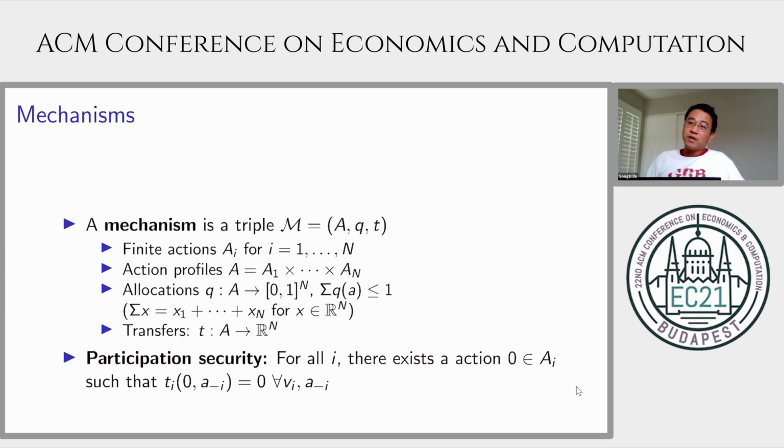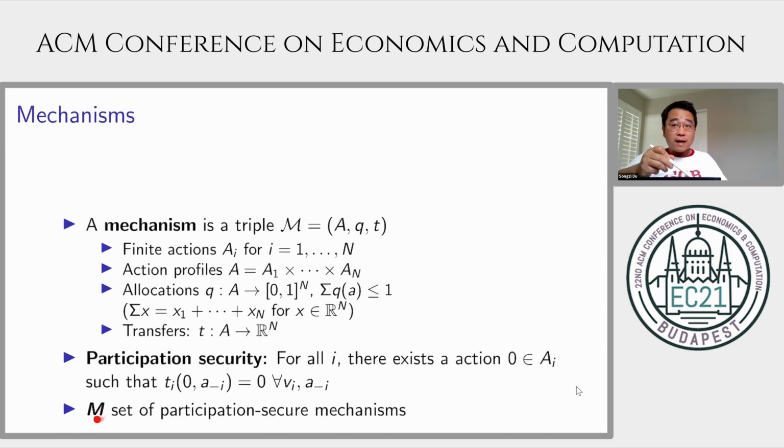You are more than happy to get some free allocation as long as you don't pay anything when you bid 0. We call this class participation secure mechanisms, and we let M denote the set of participation secure mechanisms.